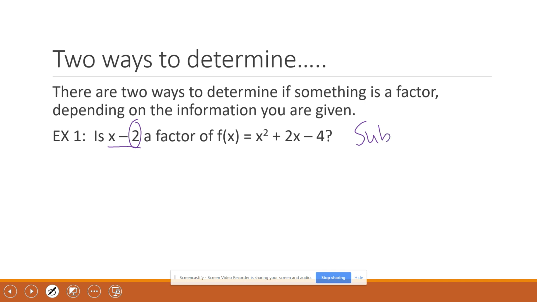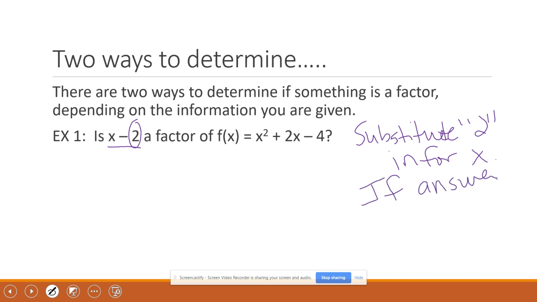And we are going to substitute positive 2 in for x in our equation. If our answer is 0, then x minus 2 is a factor. If it doesn't equal 0, then it's not a factor.